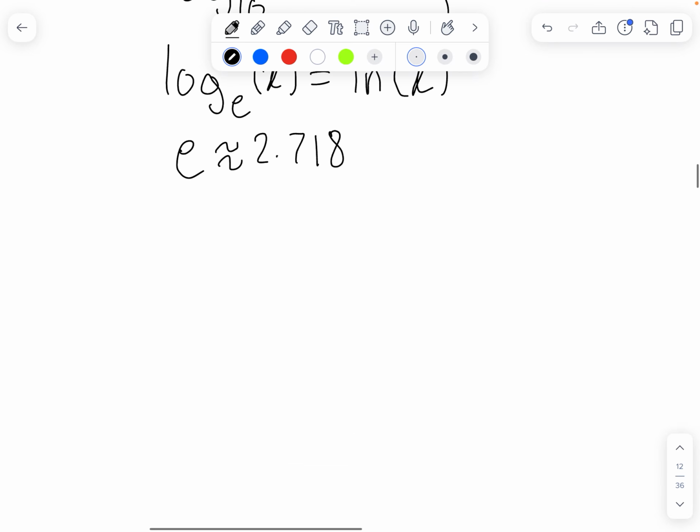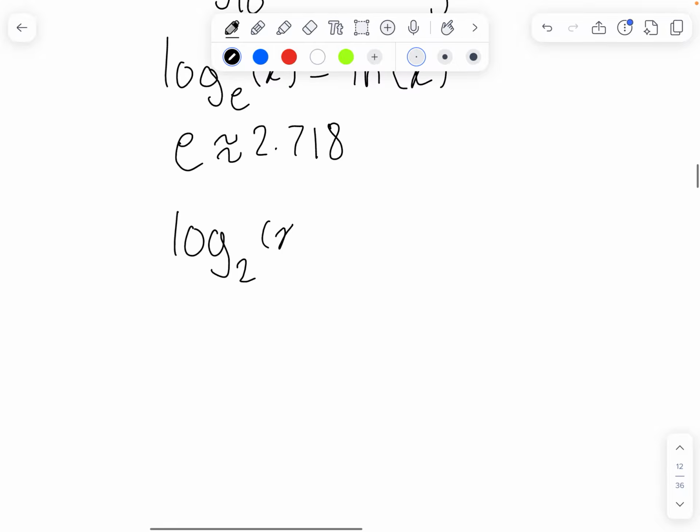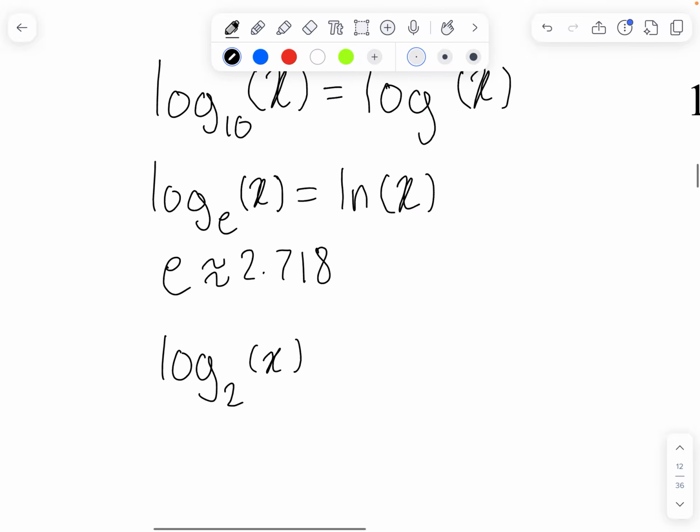And for our final one, you only need to use this in computer science, but we also have binary logarithms. Binary logarithms are written as log base 2 of x.